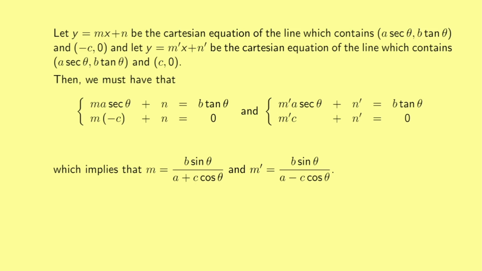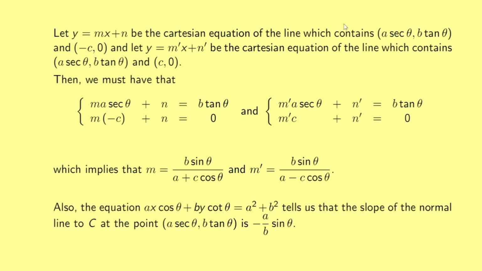Okay, now another thing we're going to use is the equation we found for the normal line in this form: ax cosine theta plus by cotangent theta equals a squared plus b squared.